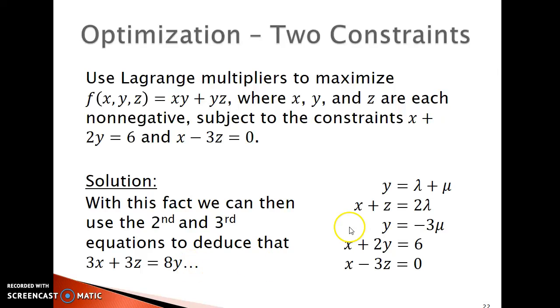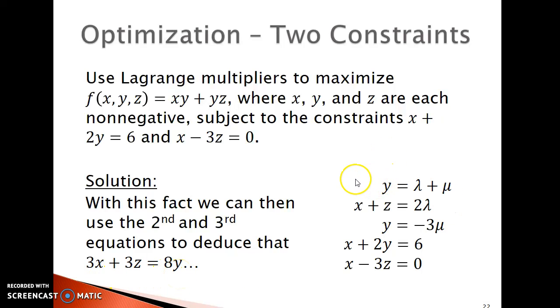And then if we take lambda equals negative 4 mu and work with the second and the third gradient equations right here, you can conclude that 3x plus 3z equals 8y. And essentially at this point we have removed lambda and mu from the equation.